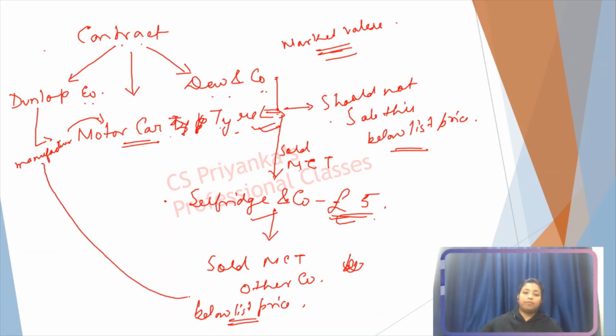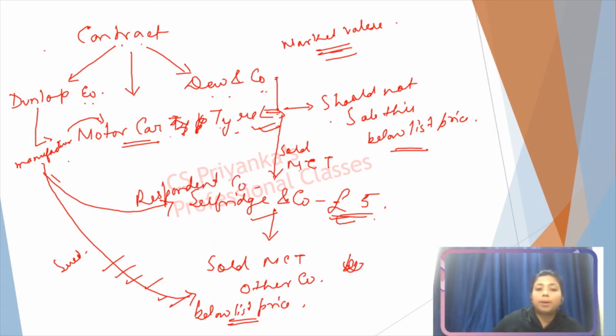Dunlop Company filed a case against Selfridge, the respondent company, for selling below list price. So Dunlop Company has filed a case against the respondent company who did that, that means who sold it below list price.